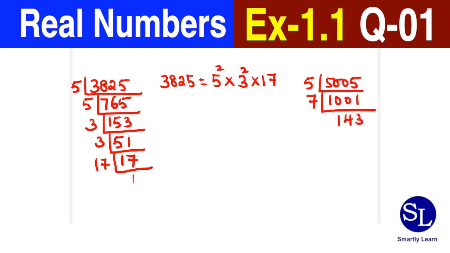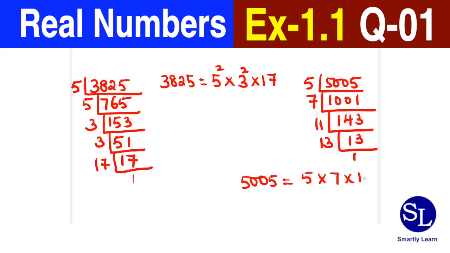Now 143 is divisible by 11. So this is going to be 13 times. 13 is a prime number. So this is divided again by 13. So 5005 can be expressed as 5 into 7 into 11 into 13.